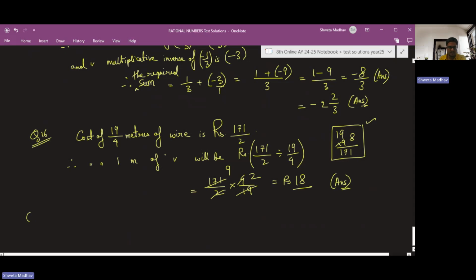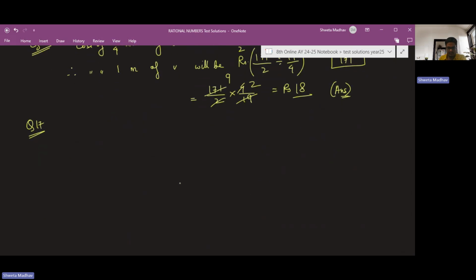Then in question number 17, it has been told that Uma, Hubna and Seema received a total of rupees 2016 as monthly allowance from their mother, such that Seema gets half of what Uma gets, and Hubna gets 1 2 by 3 times Seema's share.